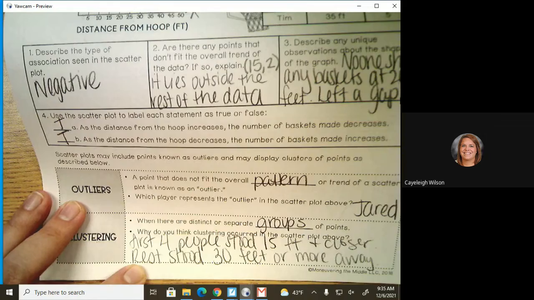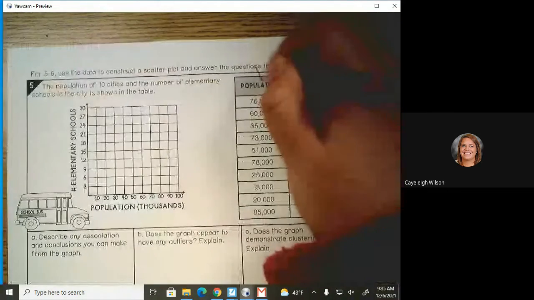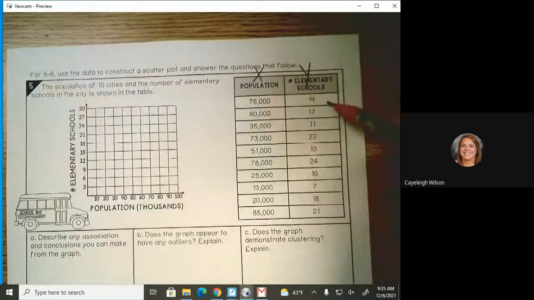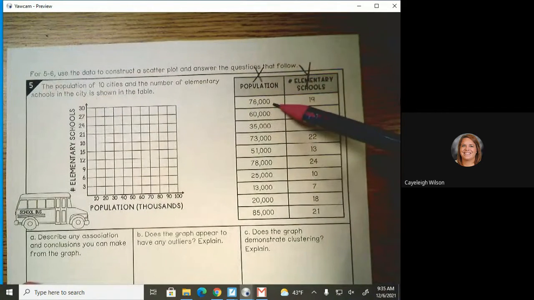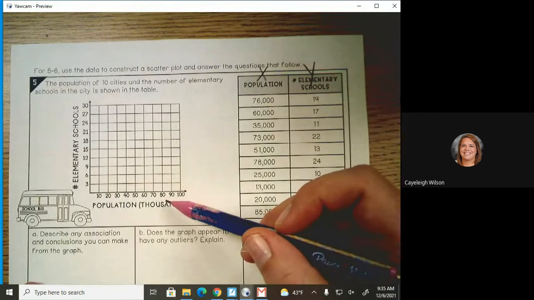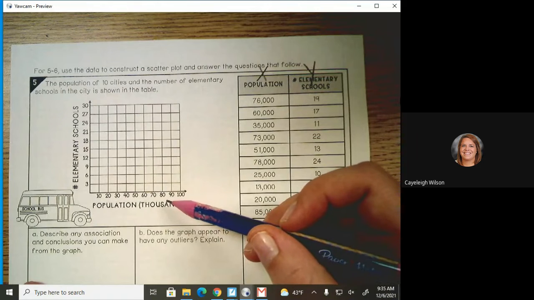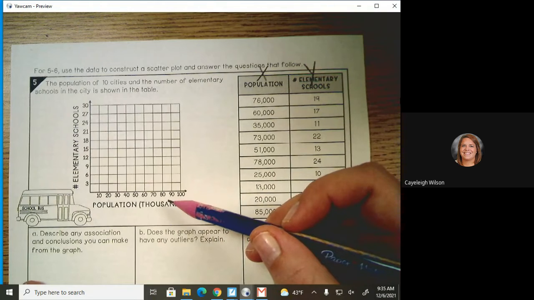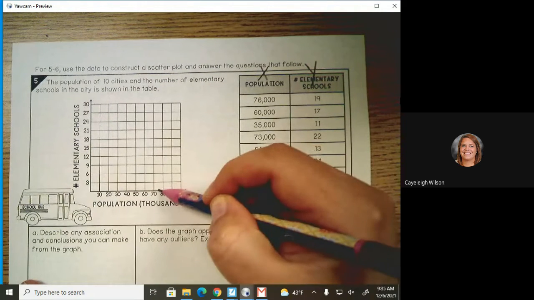So the first one is 76,000. And then the number of elementary schools, I know that they don't have a 76 on here. But where does 76 come? About halfway between 70 and 80, because 75 is halfway between 70 and 80. So 76 is about halfway.